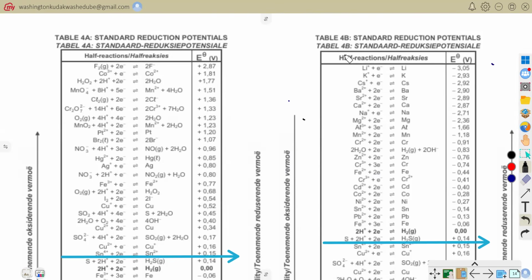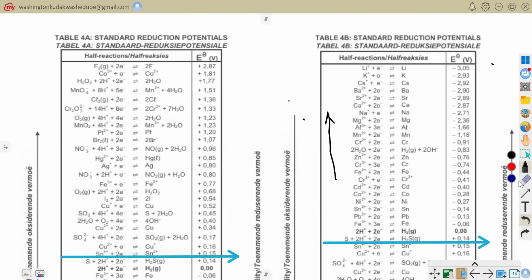But you see that 4B is written in terms of increasing reduction strength, where you would see that lithium has lesser affinity for electrons. So it is more prone to reduce another than to oxidize another.